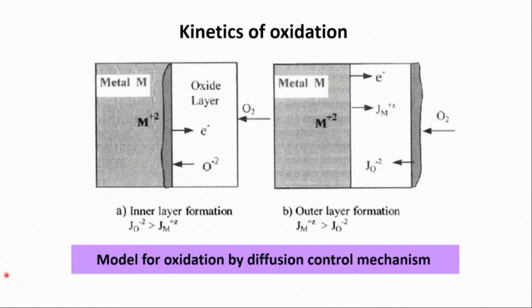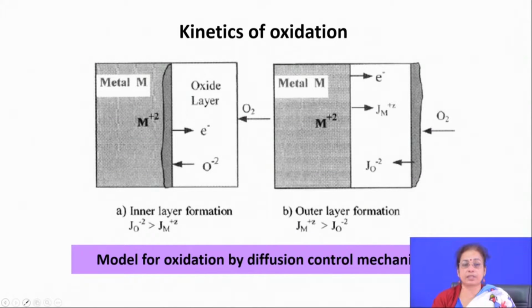Now, this is the kinetics of the oxidation. As I mentioned, initially when there is full coverage of the surface with the oxide, usually the oxidation process proceeds by counter ionic diffusion. There may be diffusion of metallic ion through the oxide scale to the surface, and then reaction at the surface and formation of the oxide film, or otherwise oxygen may migrate through the oxide layer deep inside the metal.